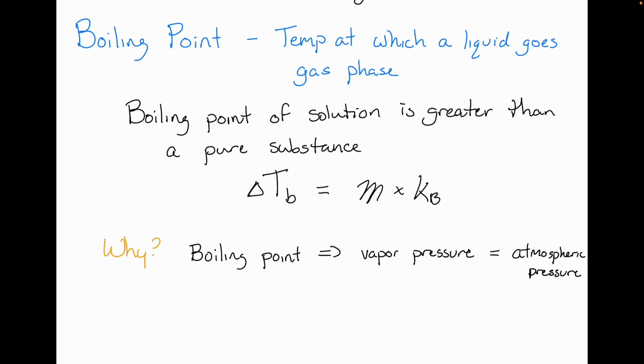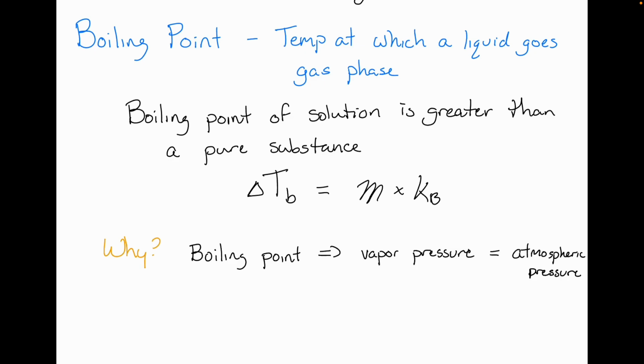So then why, if I have a solution, is the boiling point going to be higher? Because remember, what happens to the vapor pressure of my solution as I start adding solute? It goes down. So now I have to go to a higher vapor pressure, a higher temperature, to get that vapor pressure equal to the atmospheric pressure.